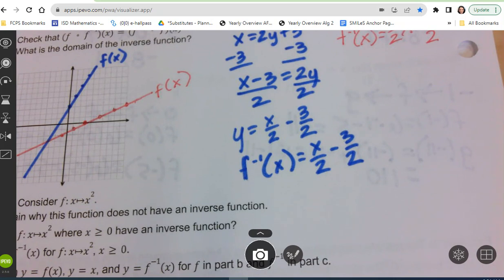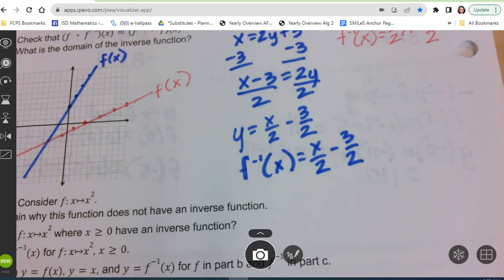All right, so we did parts 1 and 2. We found the equation of the inverse with 2 different methods. C says check that f of the inverse of f of x equals the inverse of f of x, and they both equal x. Why? Why should they equal x? Let's think about this.